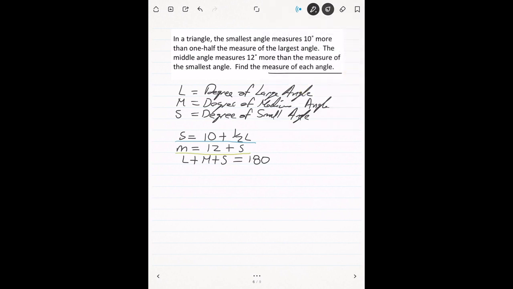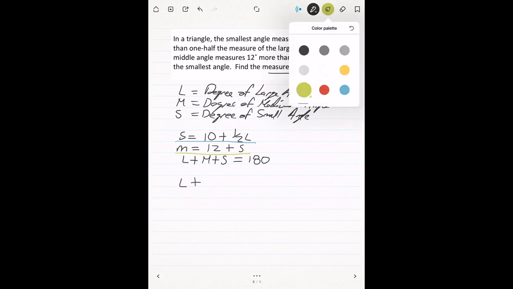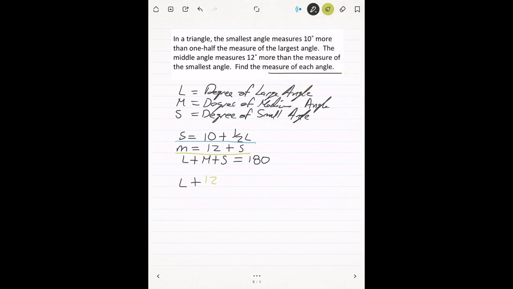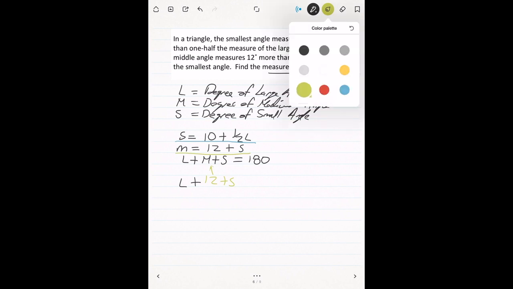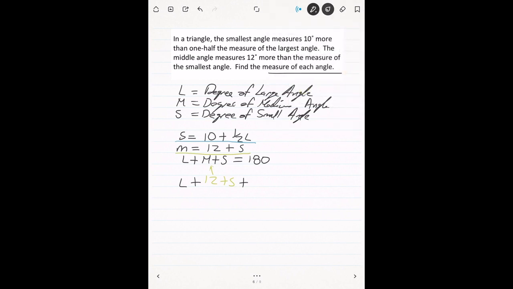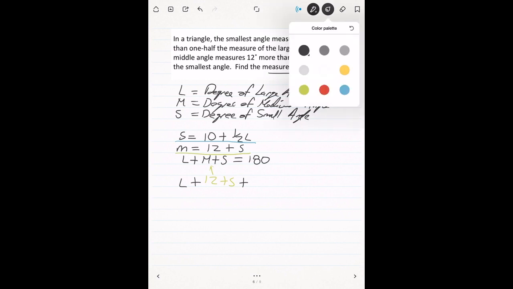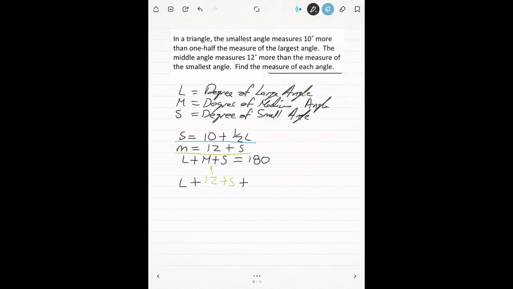I don't have anything to sub L in for, so I'm going to leave L plus M. We said that's 12 plus S, so 12 plus S is what we sub in for M here. And then let's add on what S is equal to, in blue, 10 plus 1/2 L.